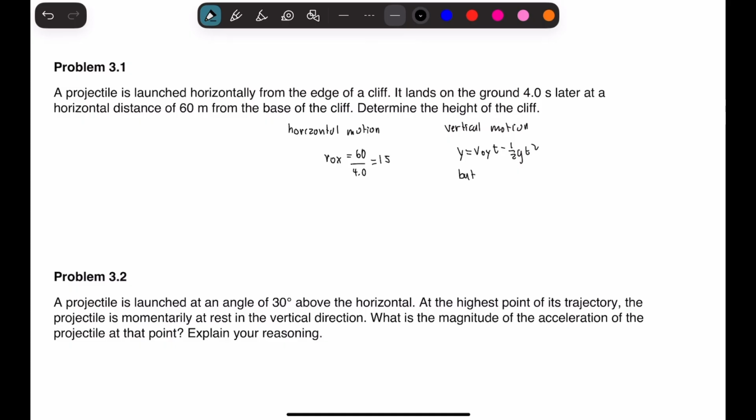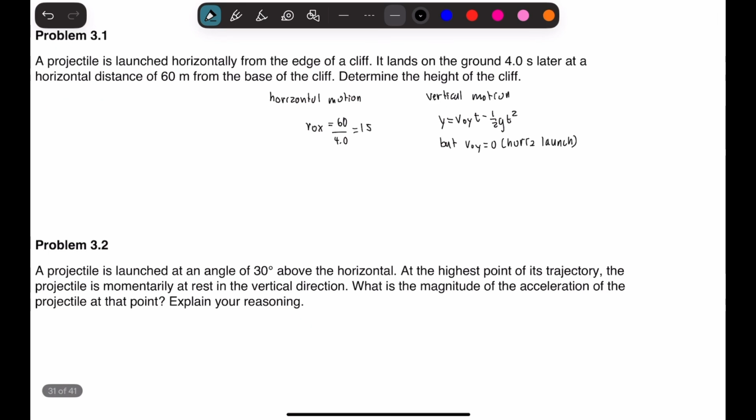However, we know that v initial y is equal to 0 because it's a horizontal launch. And because it's a horizontal launch, we can write this as y is equal to negative 1/2 times 9.8 times 4.0 squared. That is going to be equal to y equals negative 78.4.